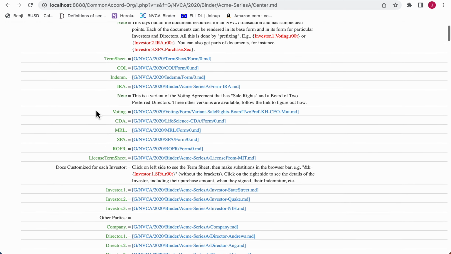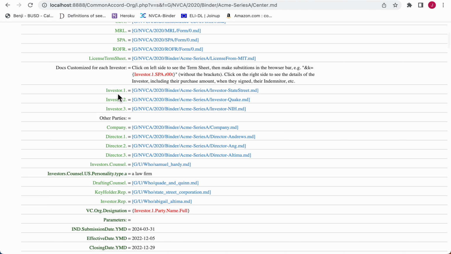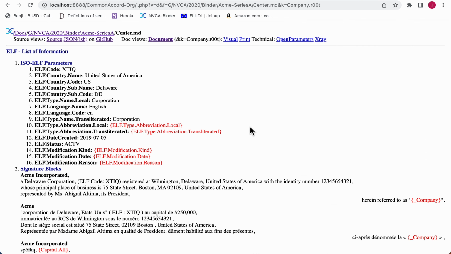So I've got the set of agreements, and I've also got some hypothetical investors. So State Street is said to be our number one investor, 2, 3. Information about the company. And notice as you click on these things, you'll get lots of information about the company.